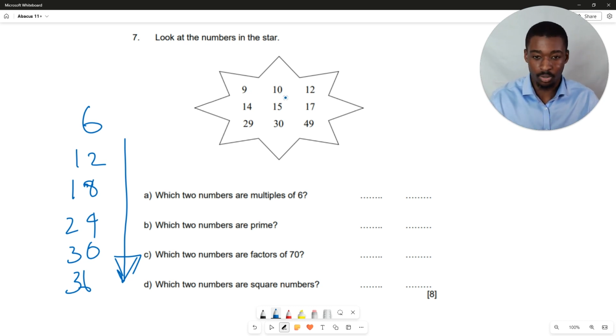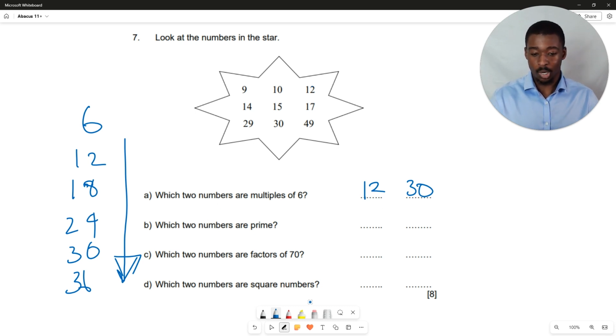So 9, no. 10, no. 12, yes, 6 times 2. So we have 12. And we already know we're looking for two numbers, right? We have two gaps. So the question is giving us a clue. So let's find the second one. And if you look carefully, it should be 30. Why? Because 6 times 5 is 30. So those are our two multiples of 6.